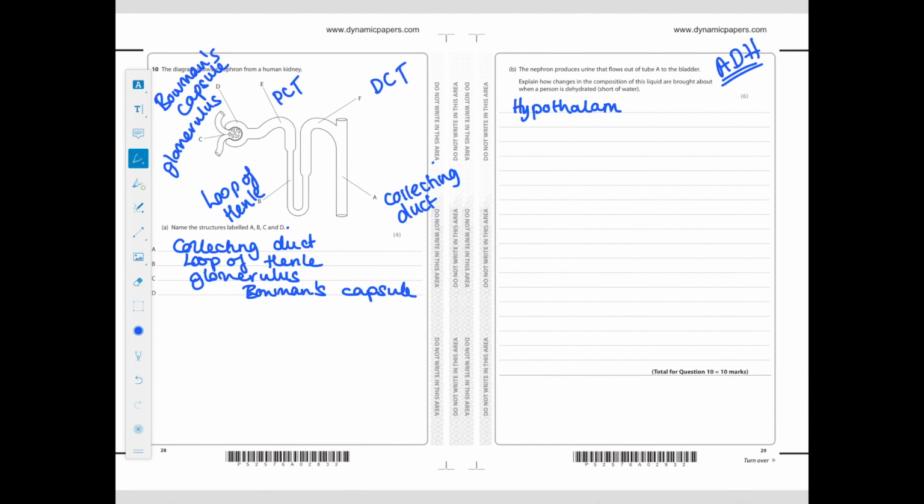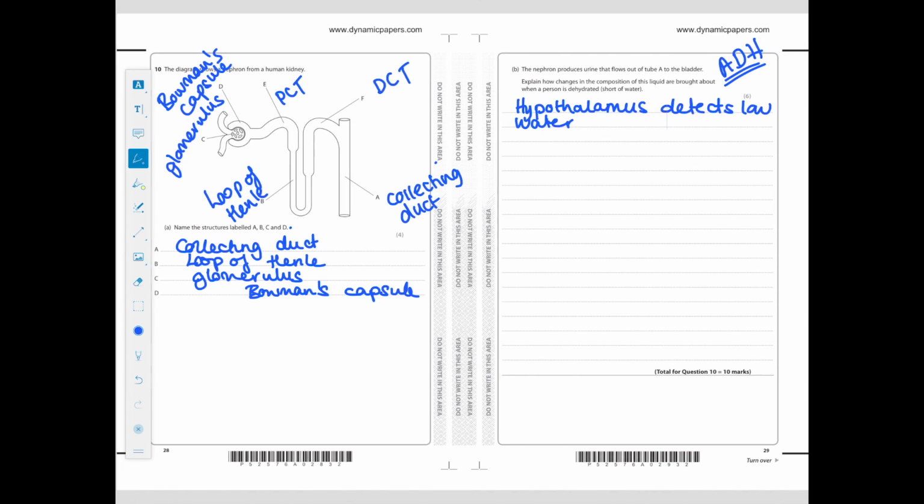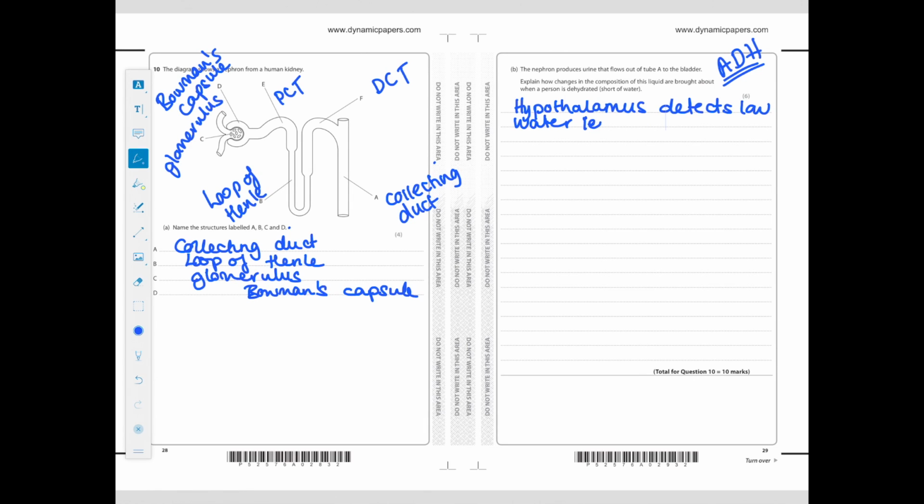So the hypothalamus detects low water levels, and then remember that it sends a signal to the pituitary gland, which is also in the brain, to release more of the hormone ADH.